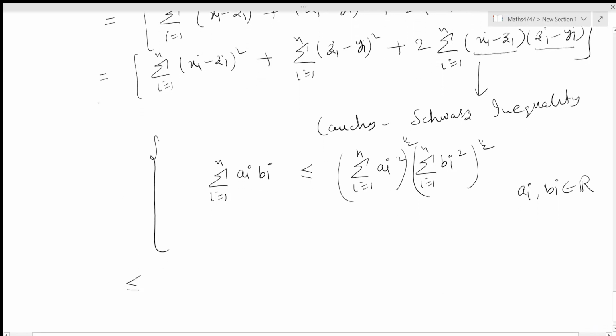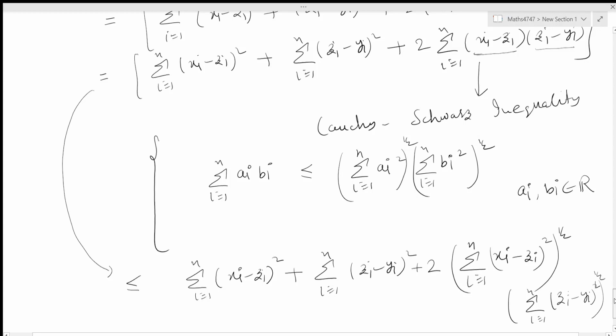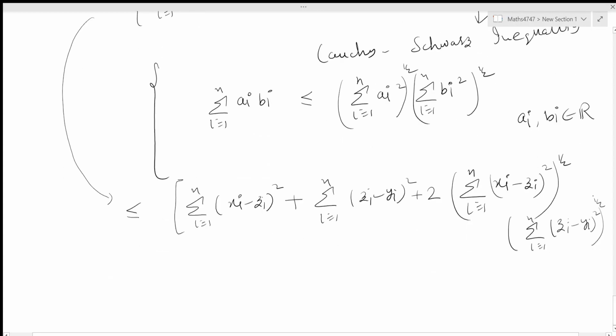So this is less than or equal to the summation from i equals 1 to n of (xi minus zi) square plus, the first two terms are the same, (zi minus yi) square, and this twice is less than or equal to, in place of ai there is xi minus zi, this squared and to the power half, and the second term is the summation from i equals 1 to n of (zi minus yi) square and whole to the power half, and there is a whole power also, that is 1 by 2.